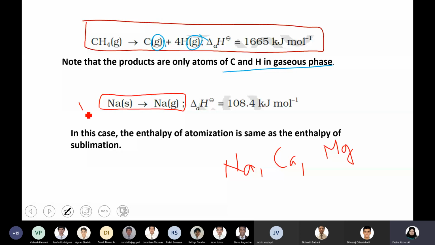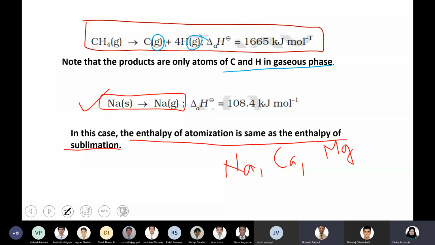So that is what enthalpy of atomization is for atomic elements like sodium or any metals that originally exist as atoms. The only thing they need is to change the state from solid to gas. So in such cases, enthalpy of atomization is the same as enthalpy of sublimation.